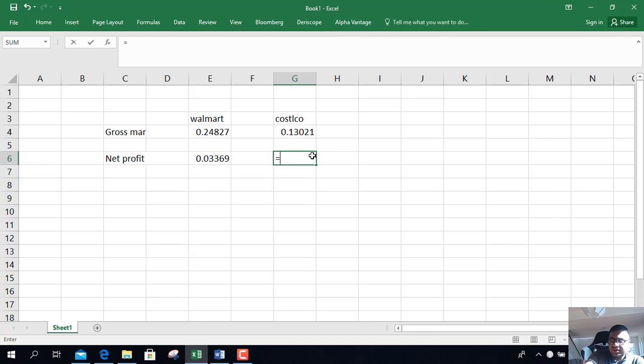And for Costco it is 2.38 divided by 116.20. So the calculation was okay. Now how do you compare these firms, Costco and Walmart? Gross profit indicates the efficiency of managing direct costs.